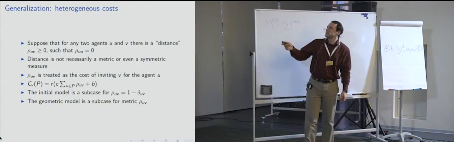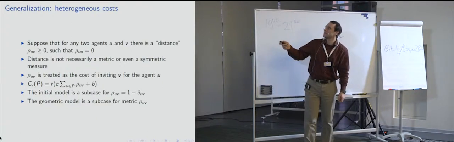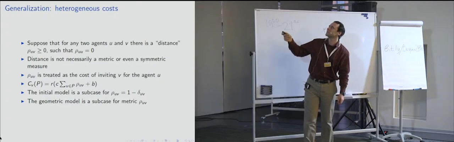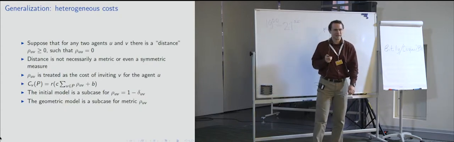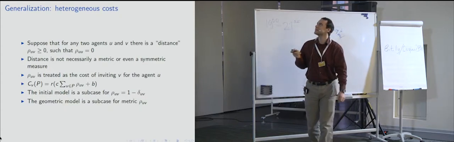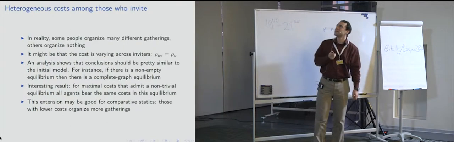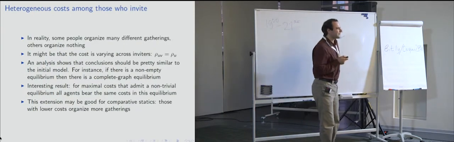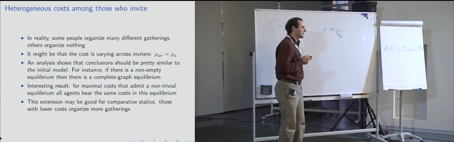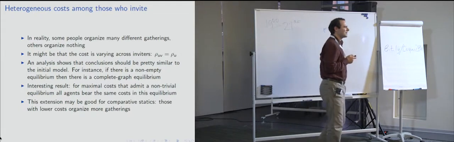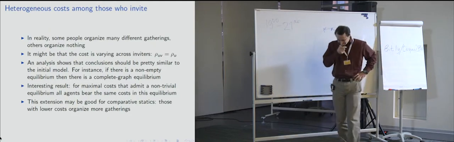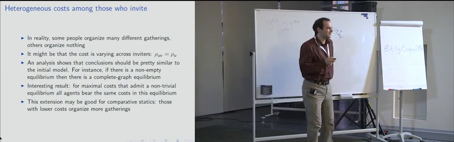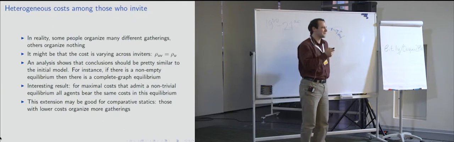The marginal cost is multiplied by the sum of these coefficients. So the two previous models are just subcases, and here we analyzed another situation, when this cost depends only on the person who invites.